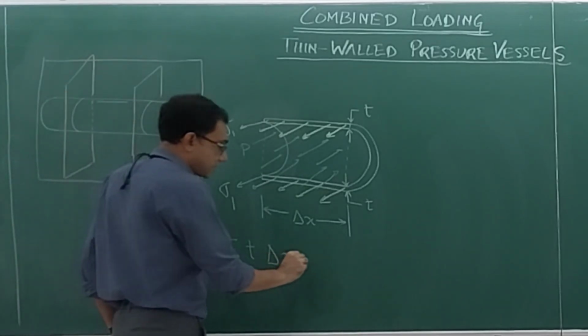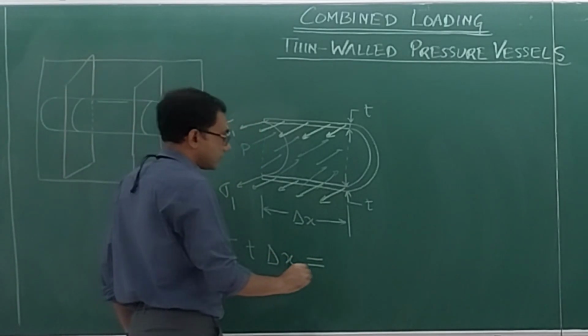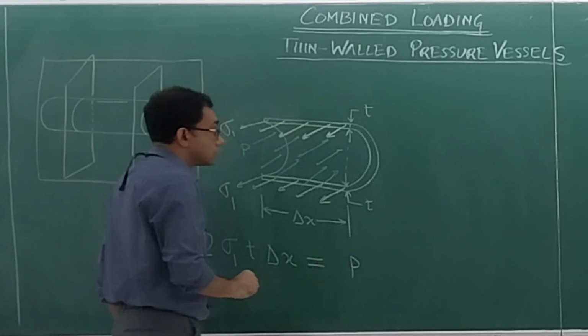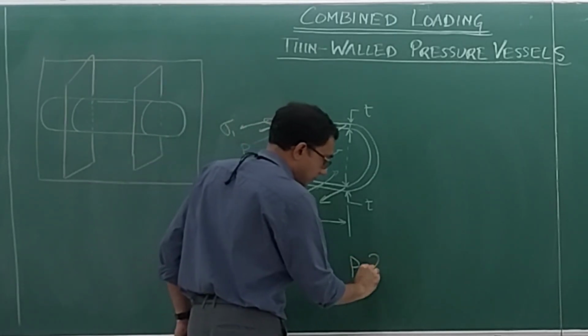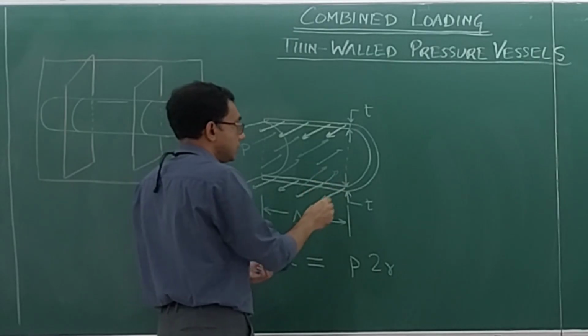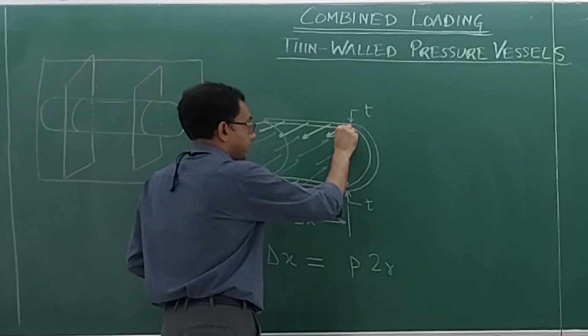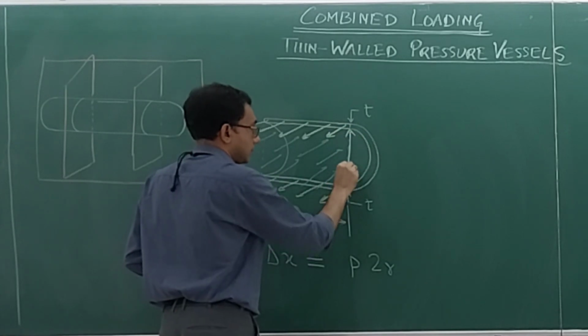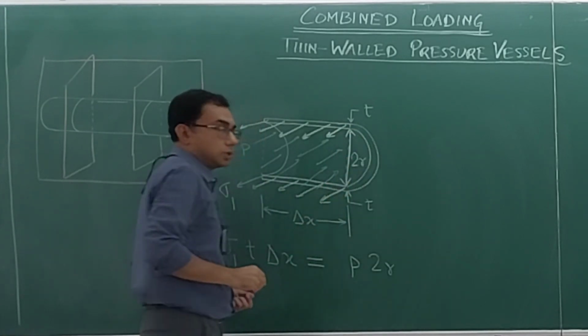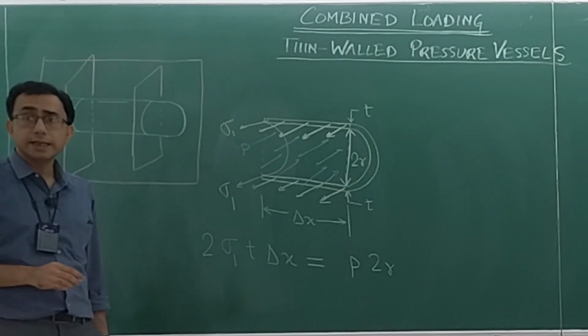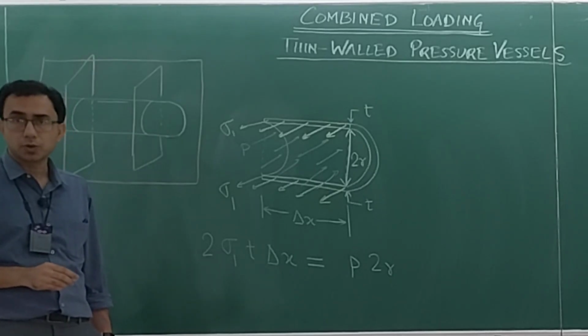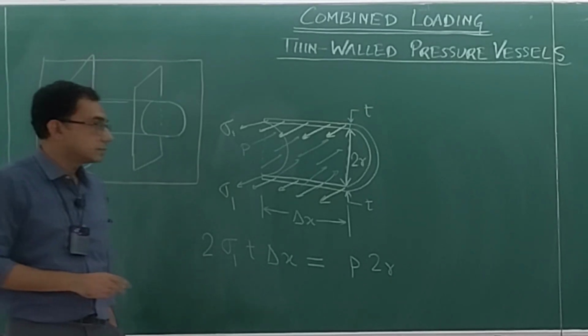So what is the pressure? P into 2R. By the way, this is the 2R. 2R means the inner radius of the cylinder. This is very important, R is the inner radius.